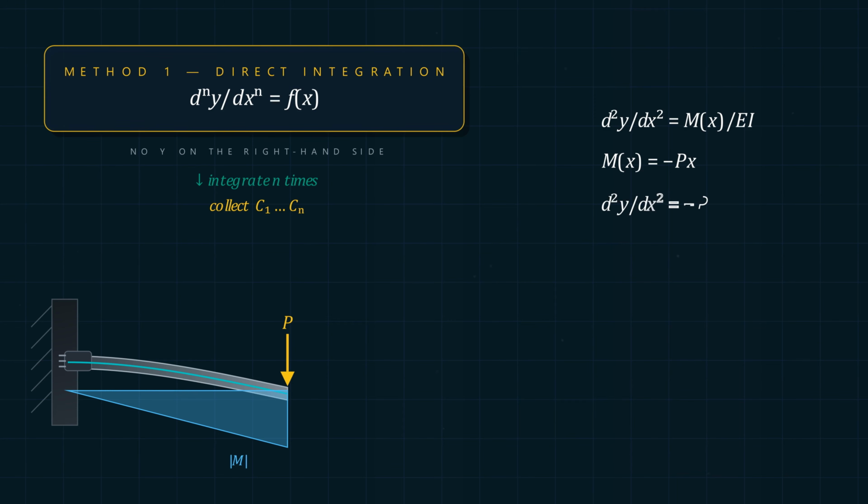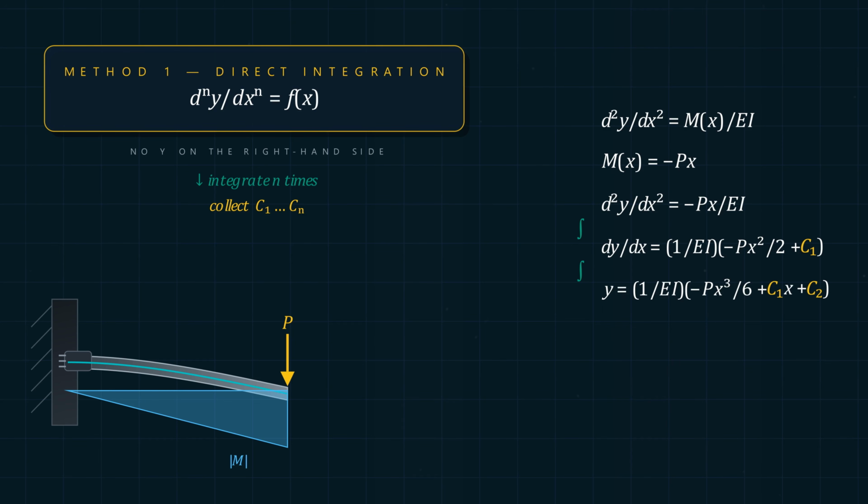So d squared y over dx squared equals negative Px over EI. Integrating once, dy over dx equals 1 over EI times negative Px squared over 2 plus a constant c1. Integrating again, y equals 1 over EI times negative Px cubed over 6 plus c1 times x plus c2.